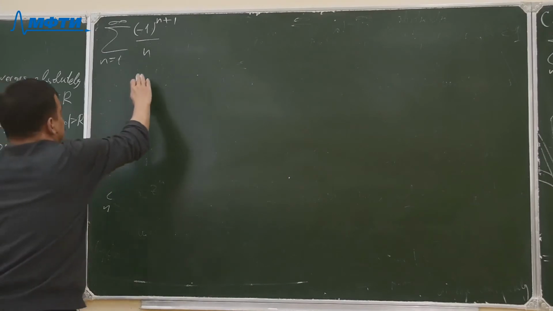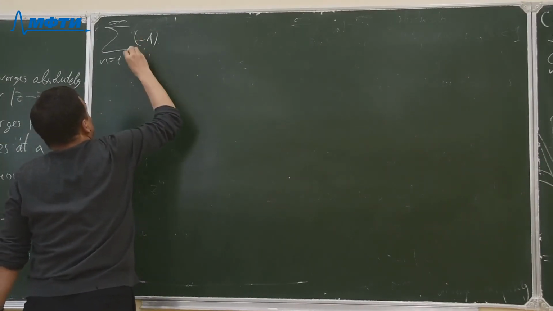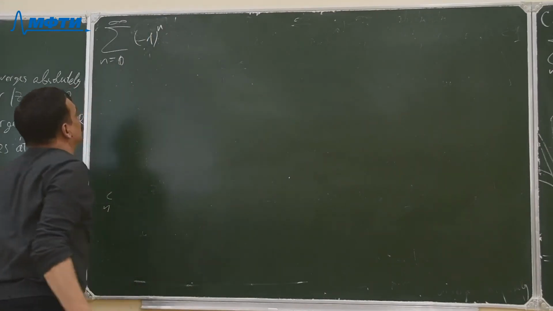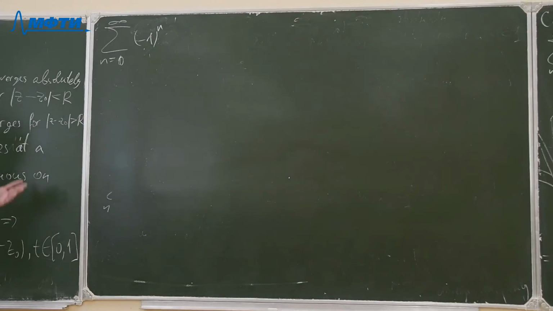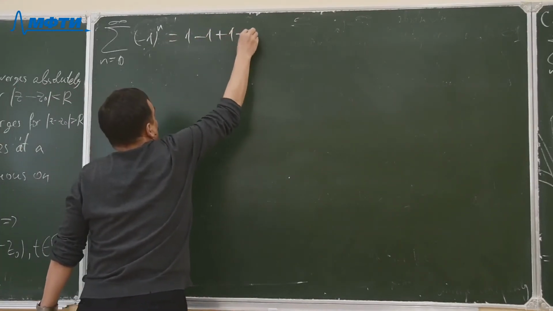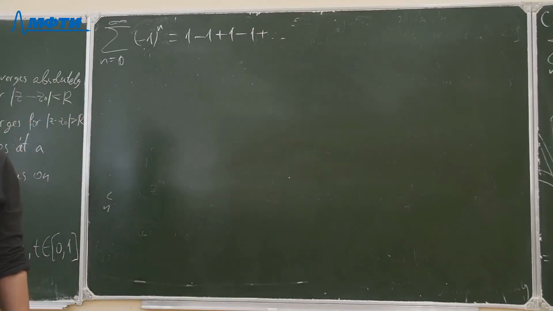Simpler, even simpler: this one from 0. We know this is 1 minus 1 plus 1 minus 1, and so on. That is a divergent series.